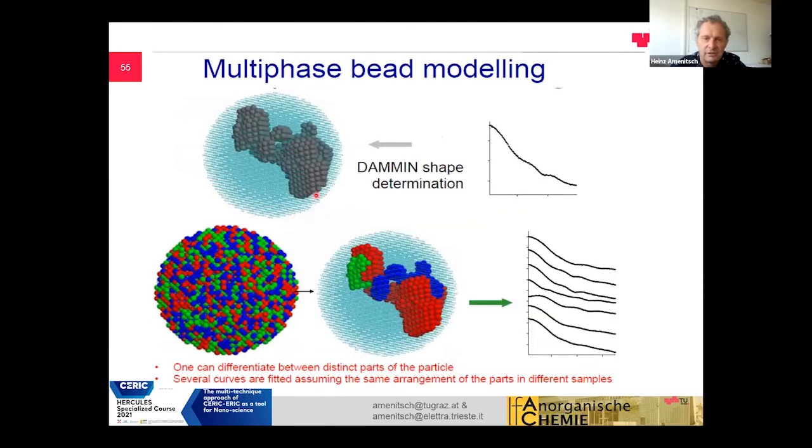You can also do multi-phase shape modeling, making many measurements with neutrons at different contrasts, with different single fragments, and then you add all this information. You can also add information from the complex. Just by dummy bead modeling, you get roughly the overall shape of the complex.